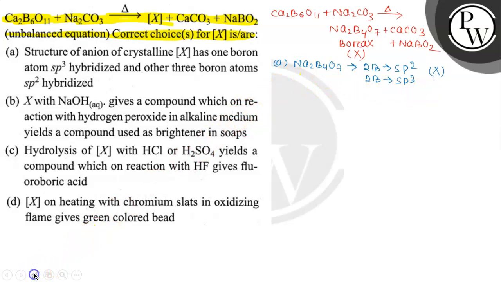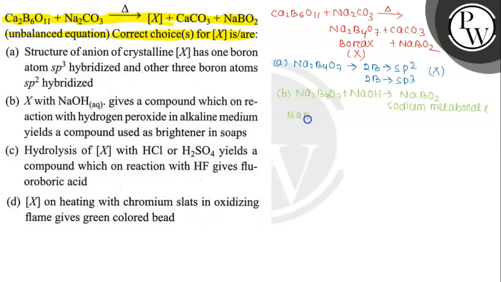Then option B. Option B says that X on reaction with NaOH gives a compound which on reaction with hydrogen peroxide forms a brightener used in soap. So borax first reacts with NaOH, forming sodium metaborate.